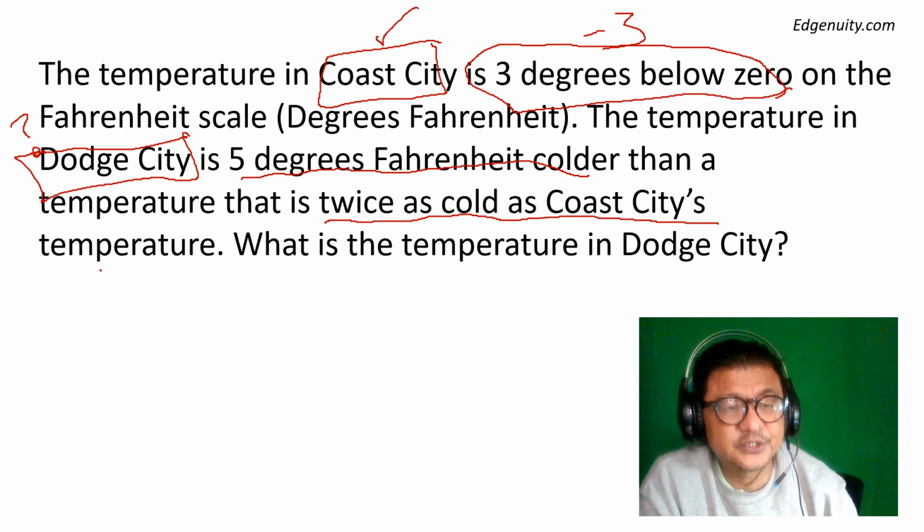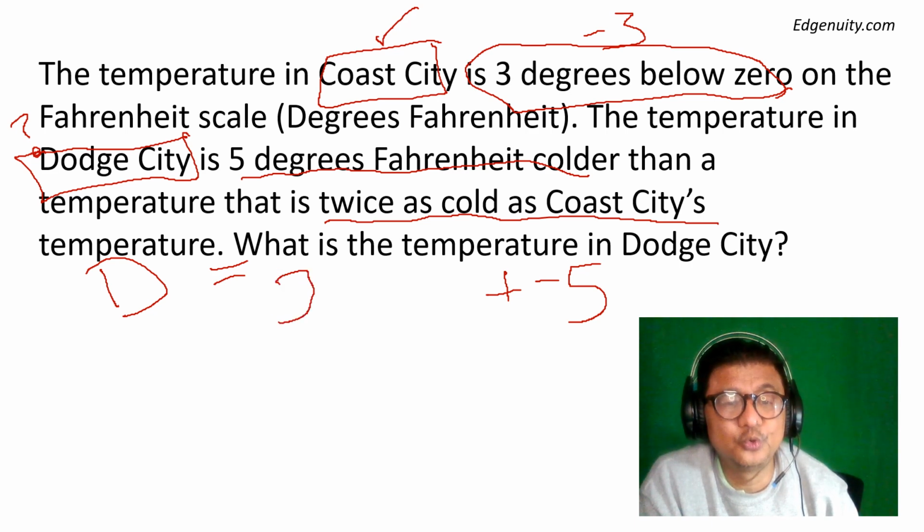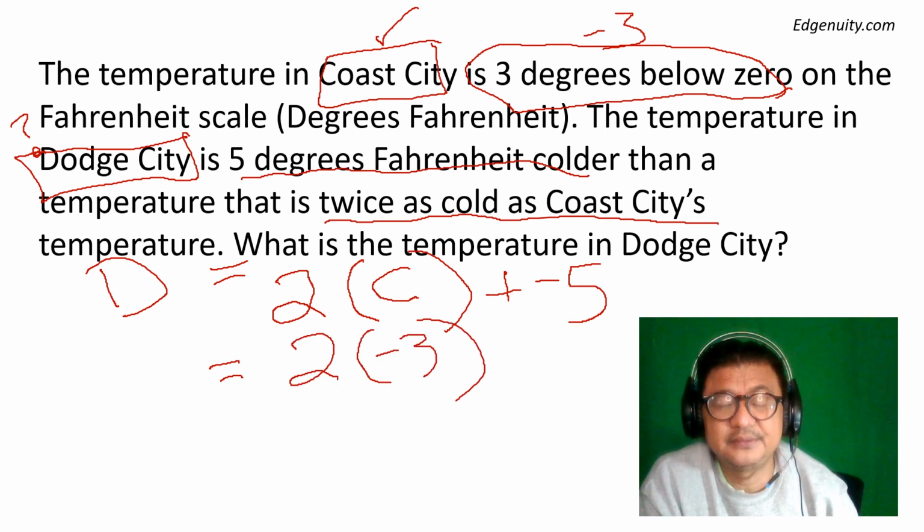So Dodge temperature is, what did it say? Okay, so 5 degrees colder. So add another -5 because it's colder, right? Than twice, 2 times as cold as Coast. Okay, so we know twice of the Coast is twice -3 degrees, right?